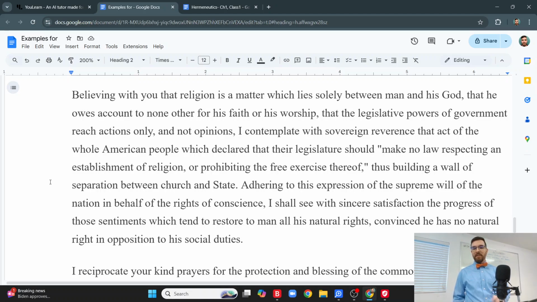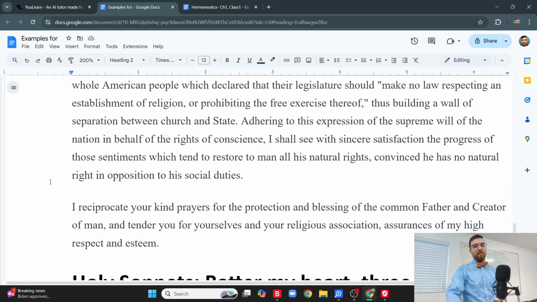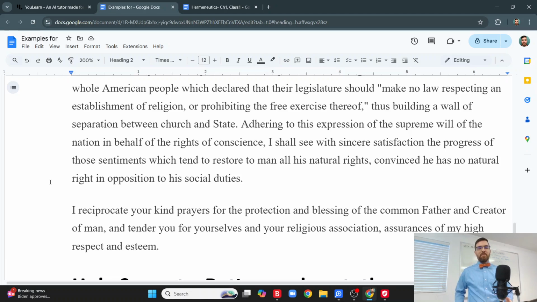Adhering to this expression of the supreme will of the nation in behalf of the rights of conscience, I shall see with sincere satisfaction the progress of those sentiments which tend to restore to man all his natural rights, convinced he has no natural right in opposition to his social duties. I reciprocate your kind prayers for the protection and blessings of the common Father and Creator of man, and tender you for yourselves and your religious association assurances of my high respect and esteem.